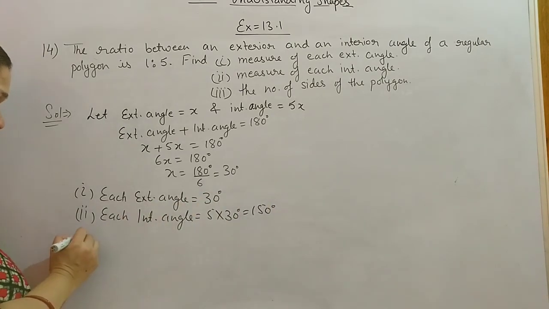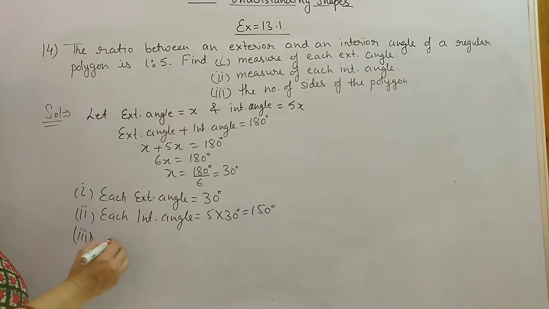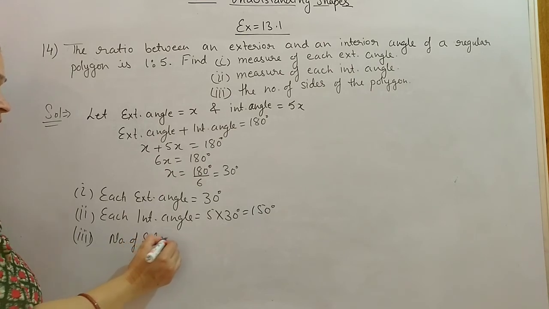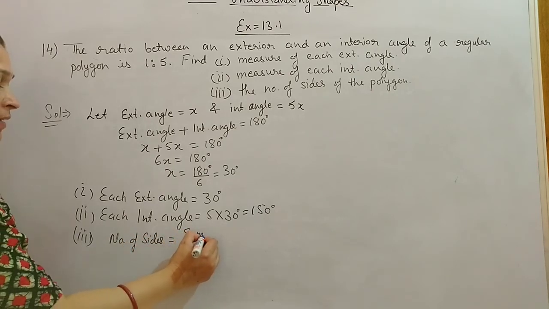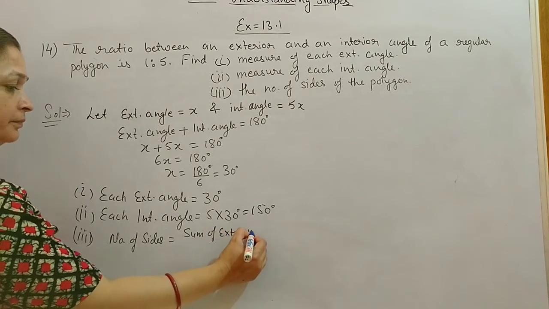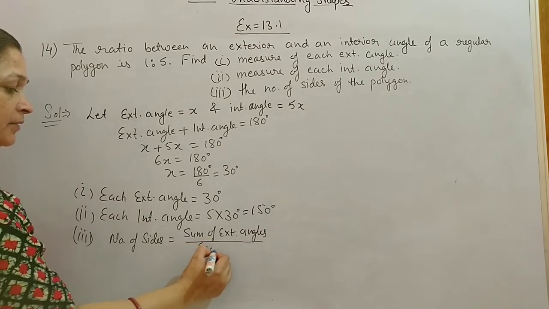Third part: find the number of sides. The number of sides is equal to the sum of exterior angles by each interior angle.